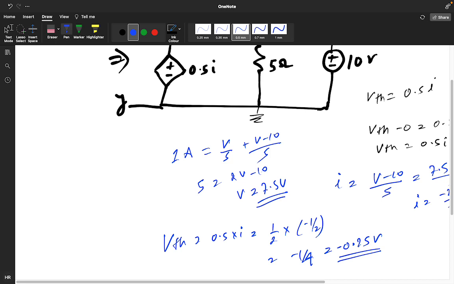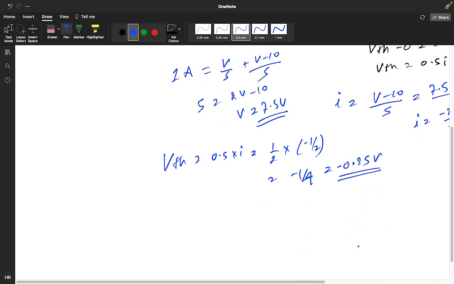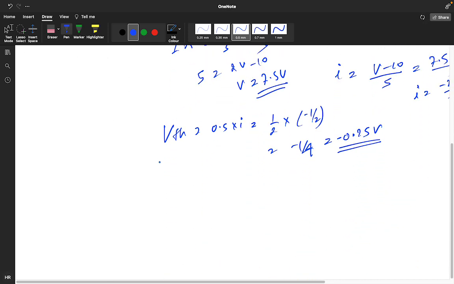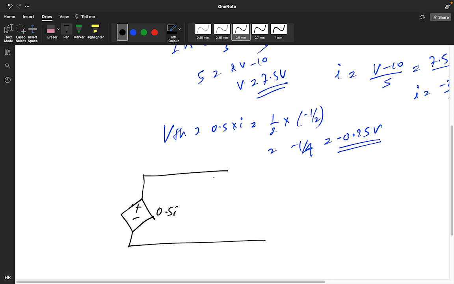Okay, so you got the VTH value. Now you need to find the RTH value of this circuit only. So for finding the RTH value, this is your independent source, positive negative 0.5 I will be there only, and your current source will be open.